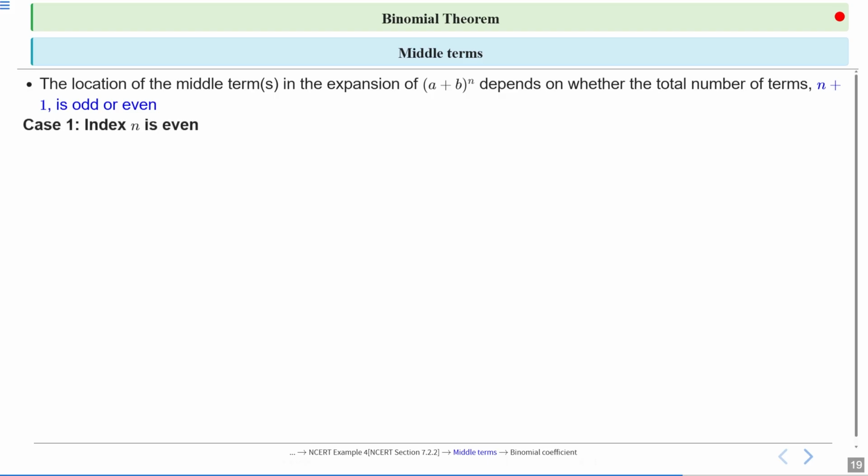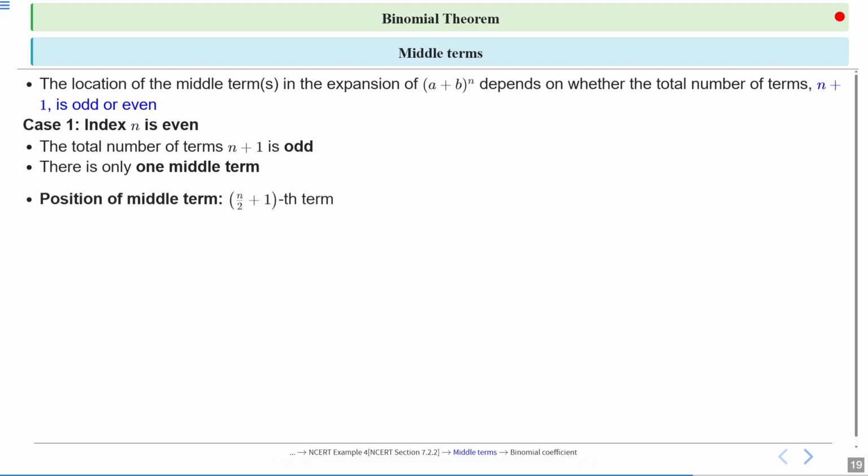So let's start with case 1, when the index n is even. The total number of terms n plus 1 then is odd. There is only one middle term in this case. The position of the middle term will be the (n by 2 plus 1)th term.